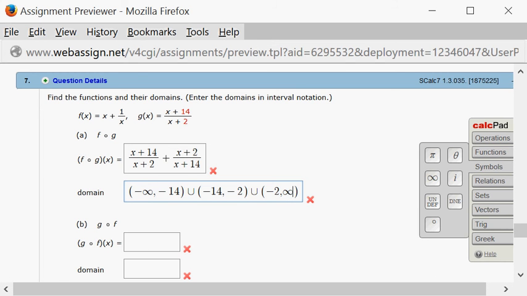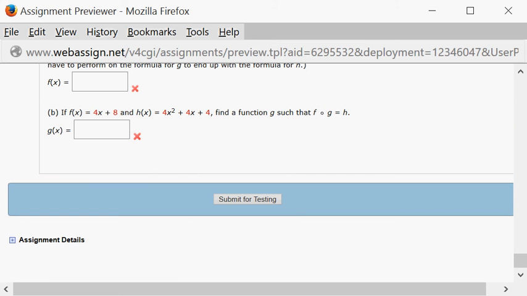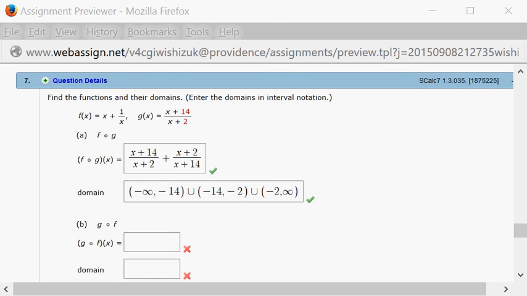Let's double check: I'm going to go down and submit for testing. It came back, and it looks like we got part A correct.